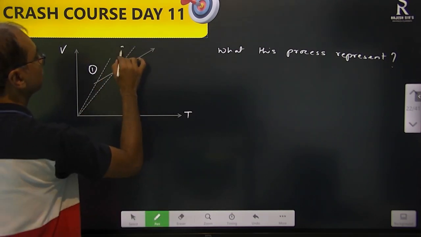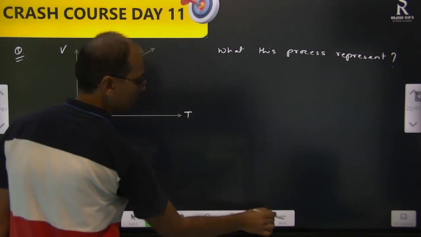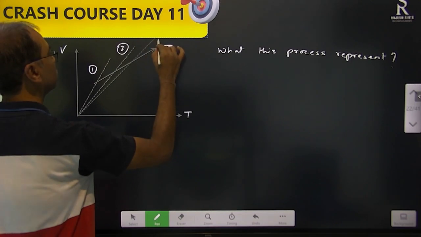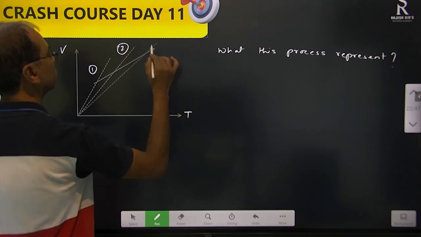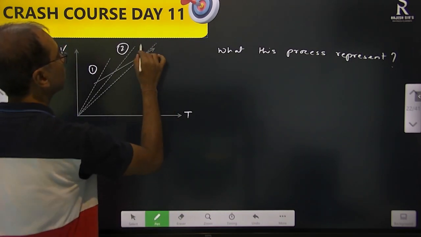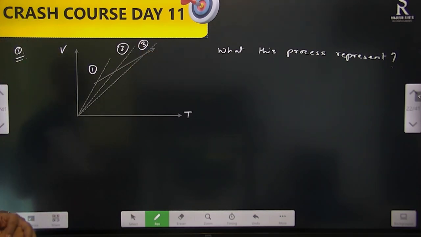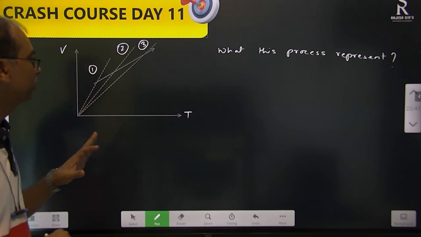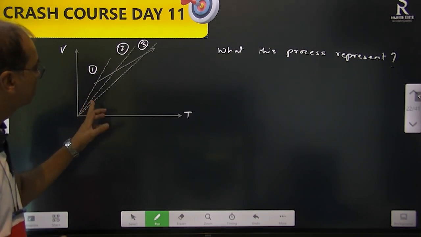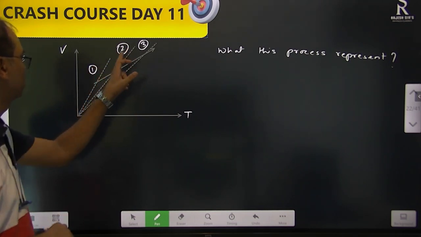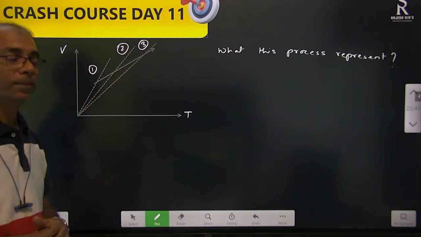This is 2. One more we make. Two are enough, but let's make a third also. This is the third one. Now these all start from the origin, and this is a VT graph. So I can say that these all represent constant pressure processes, right or not? This is constant pressure, this is constant pressure, this is constant pressure.